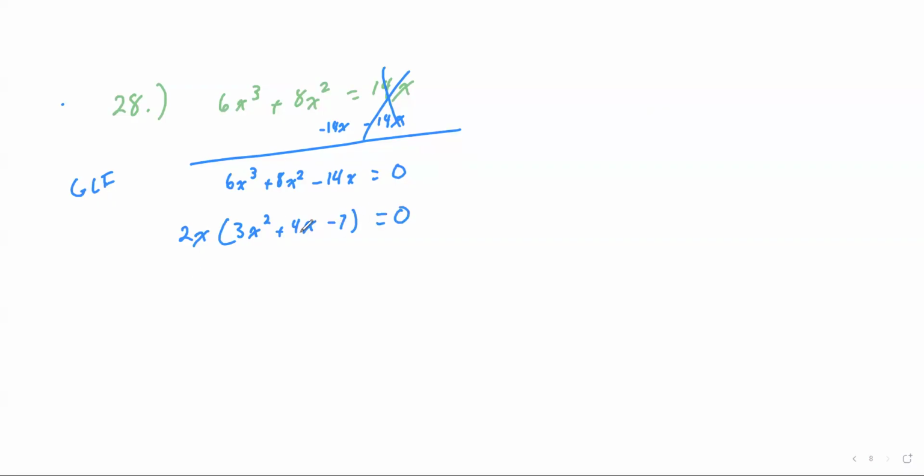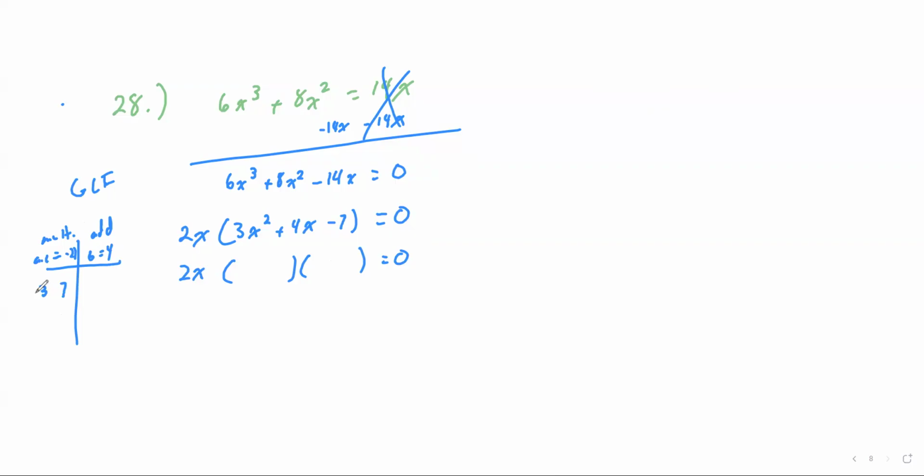Now I have a nice little quadratic I can try to factor. Let's see if it goes into it evenly. Don't forget that 2x. So in this case, I would multiply to my a times c, which is 3 times negative 7, which is negative 21, and then add to my b, which in this case is 4. Two things that multiply to 21, I only know 3 and 7.